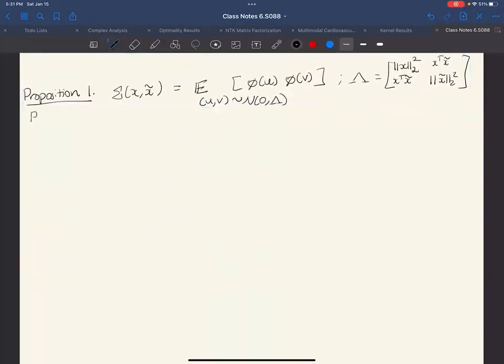Okay, so here we go with the proof. Let's just start by evaluating what this kernel actually is. By definition 1, sigma was a limit of this quantity.